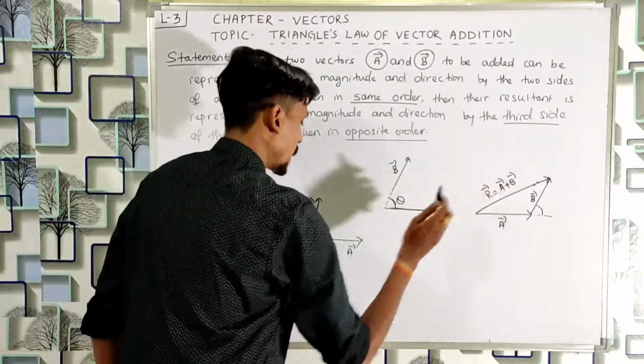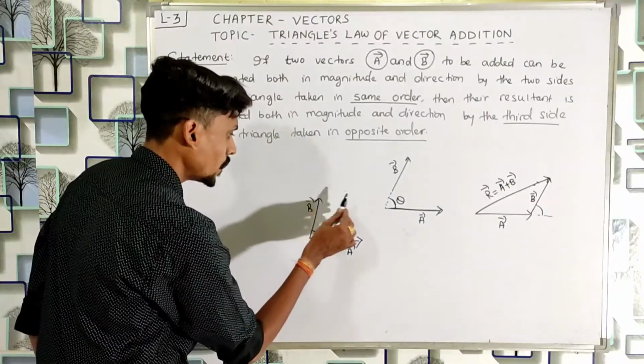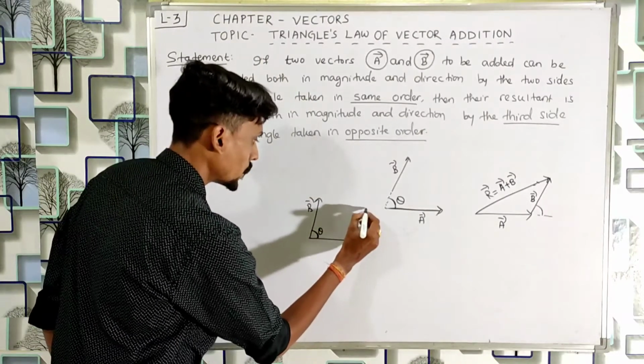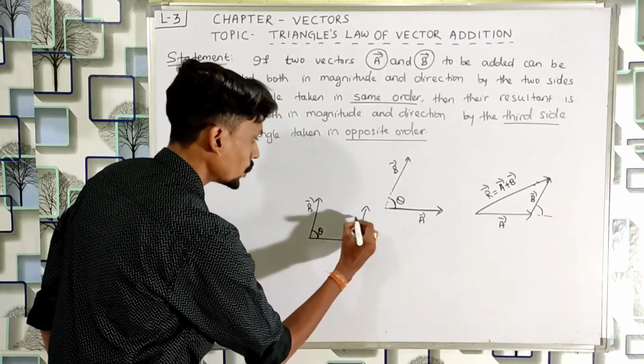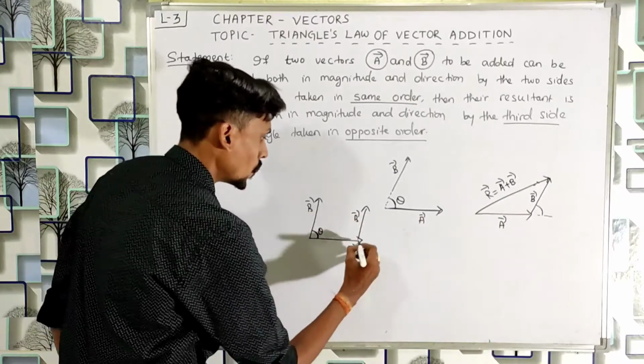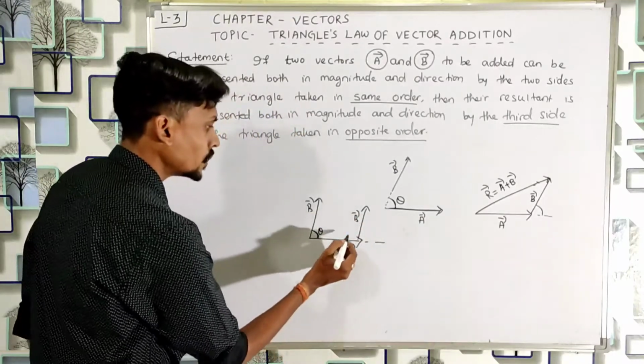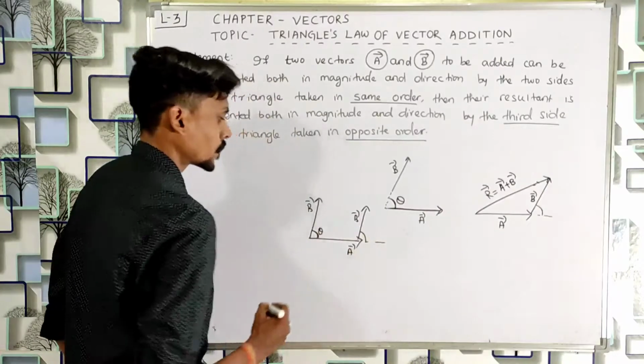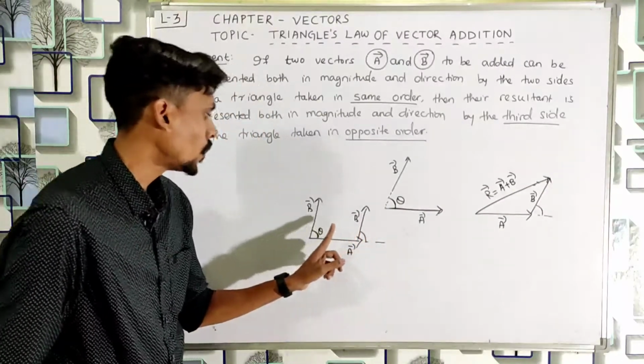Now in this diagram I have shifted vector B to this end. So the angle between these two vectors will be this one. This angle is equal to this angle.